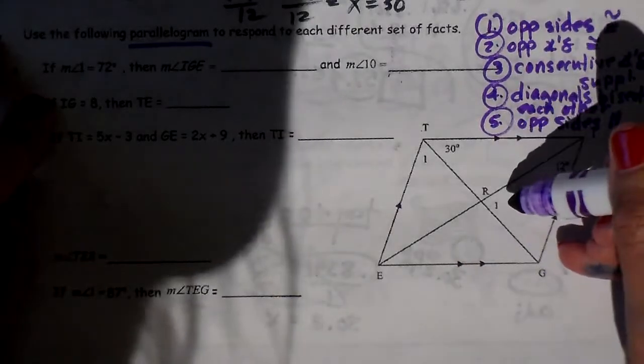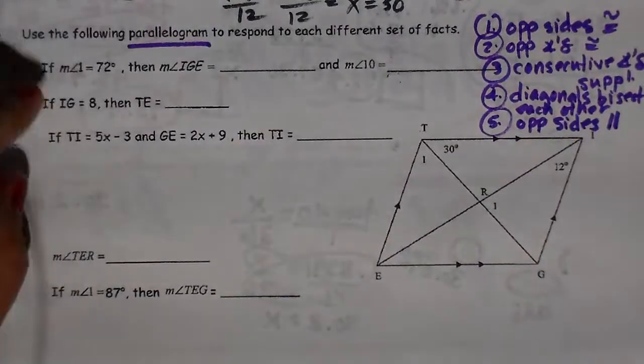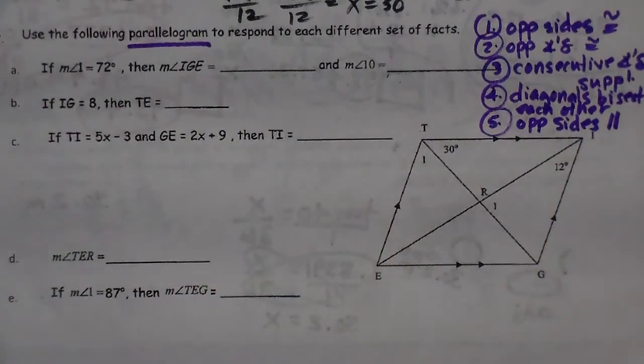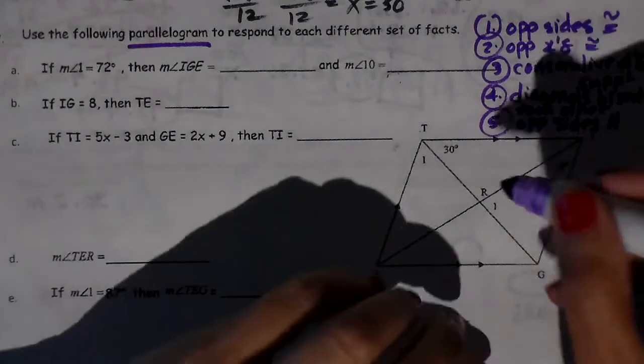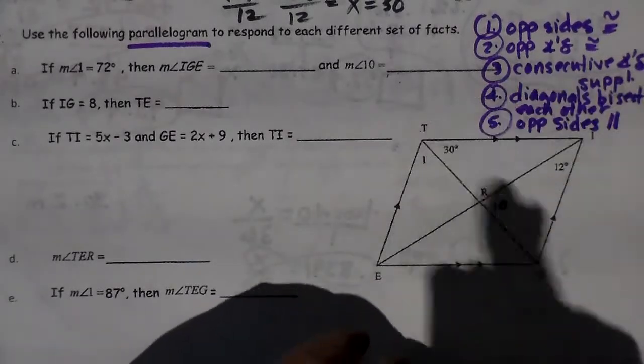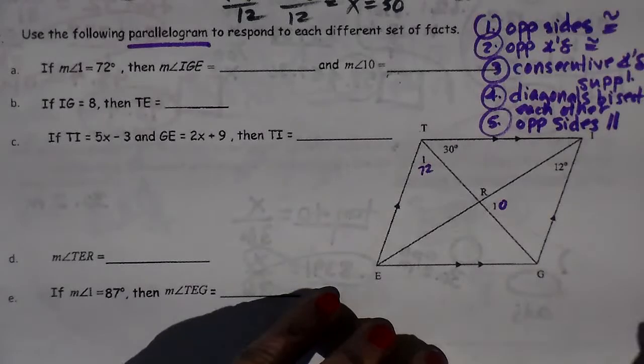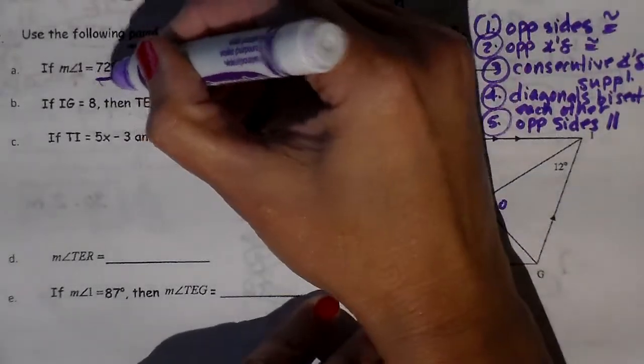I don't know if that's supposed to be a 1 or a 10. One of them should be angle 10, and I'm going to take a wild stab and say that this is angle 10.